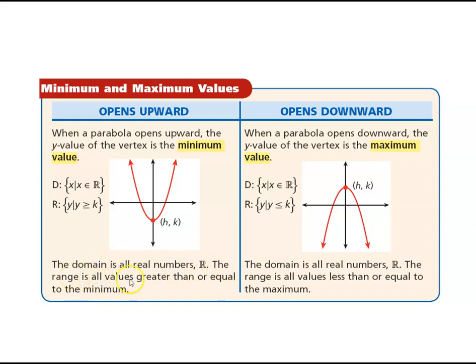The range is all the values greater than or equal to the minimum value if the parabola opens upward, so from the minimum going up, all the values are the range. But if it opens downward, the range is all the values less than or equal to the maximum, going down. So upward is minimum, downward is maximum.